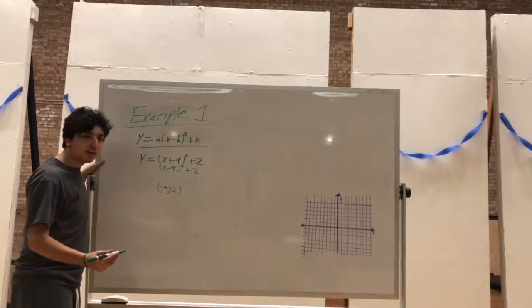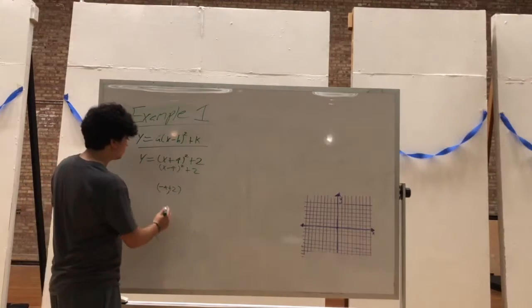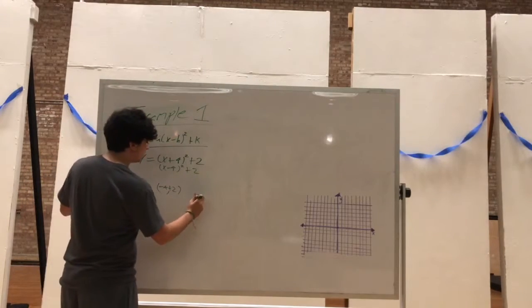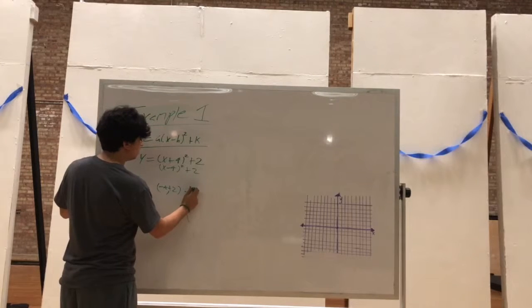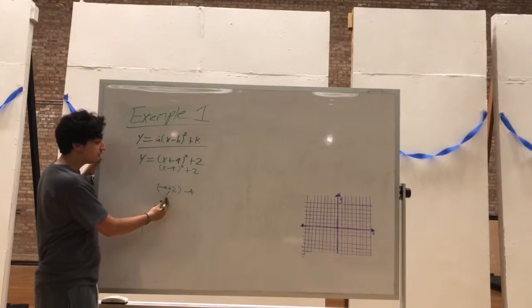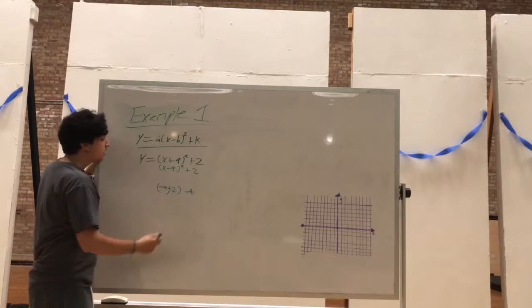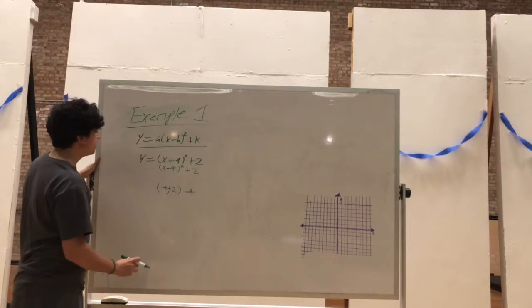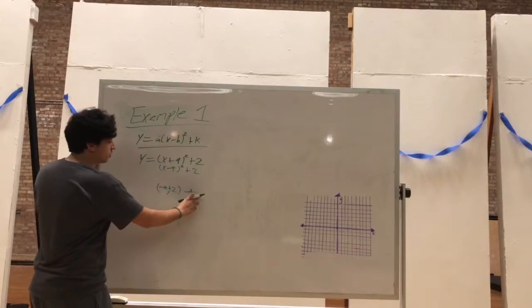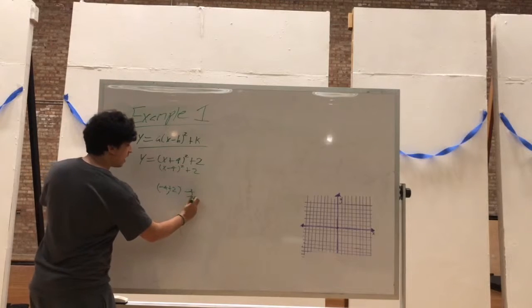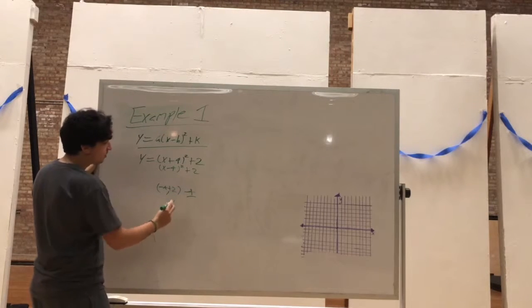Now, if we want to find our line of symmetry, we would just go straight down from negative 4, which would equal negative 4. From finding your vertex and your line of symmetry, you would then find numbers that are greater than negative 4 and less than negative 4.